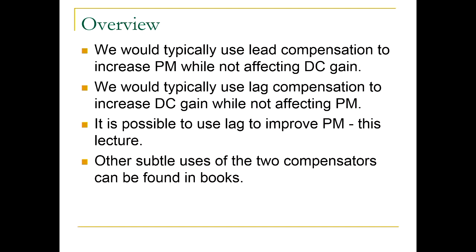It is sometimes possible to use lag to improve phase margin, and actually in this lecture we will see how this is done. This is done by moving the crossover frequency to the left, reducing the crossover frequency for the compensated system, and then when you move the crossover frequency to the region where the plant has an excess of phase, you can in this way increase the phase margin.